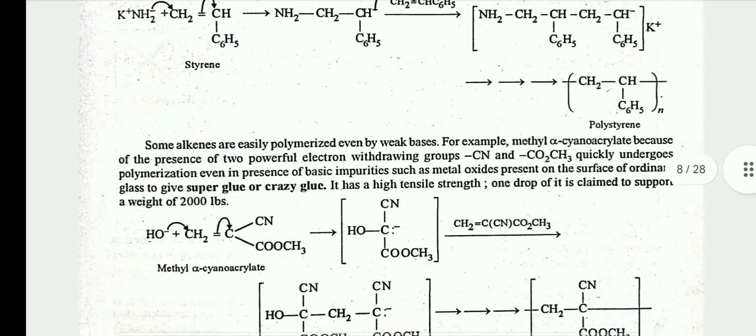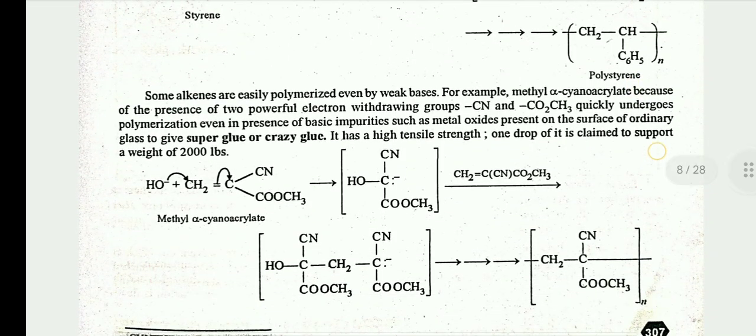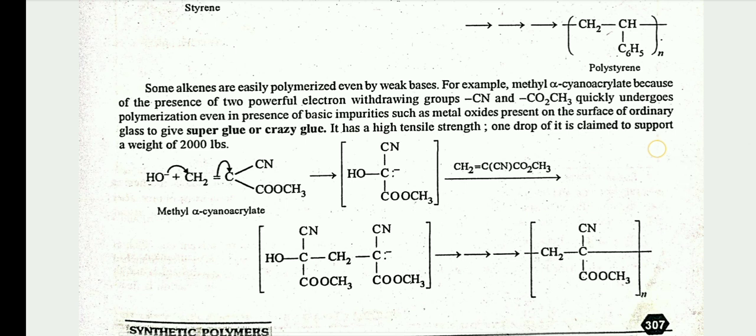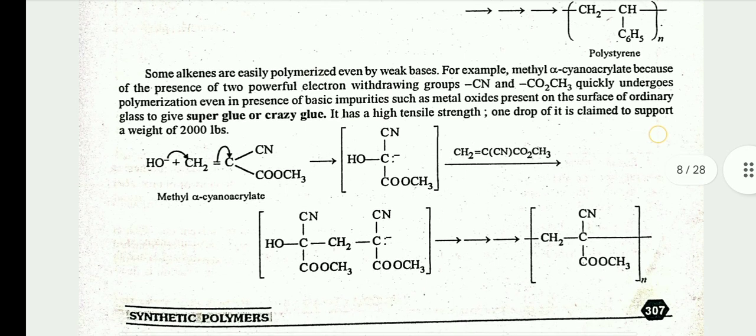Some alkenes are easily polymerized even by weak bases, for example methyl alpha-cyanoacrylate, because of the presence of two powerful electron withdrawing groups, CN and CO2CH3. It quickly undergoes polymerization even in the presence of basic impurities such as metal oxides present on the surface of ordinary glass to give superglue or crazy glue. It has high tensile strength.